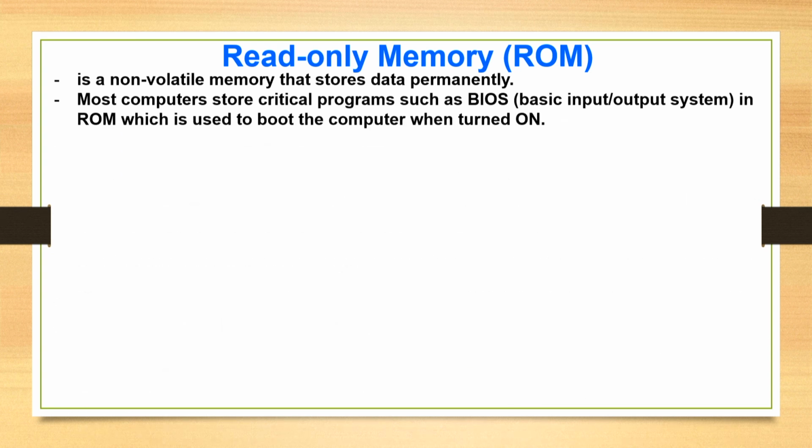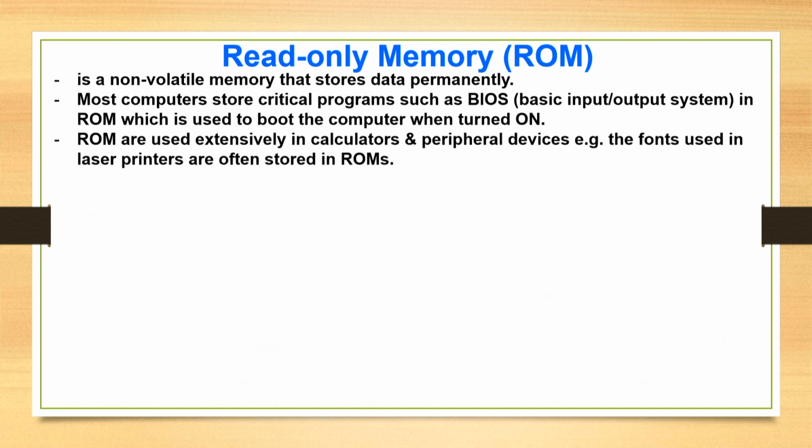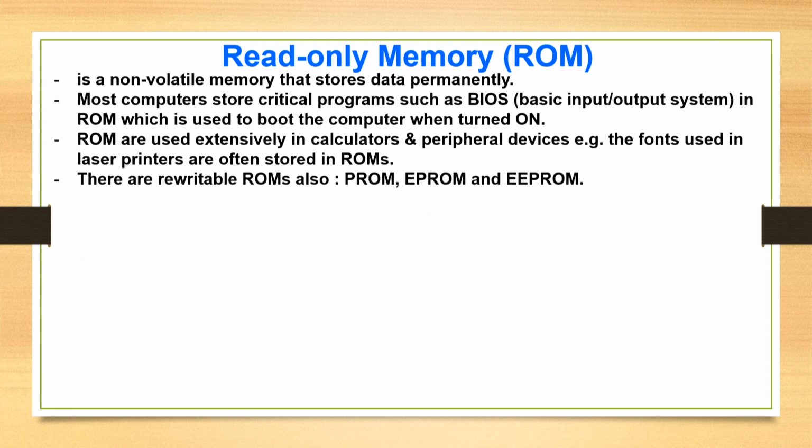Most computers store critical programs such as the BIOS, that is the basic input output system, in ROM, which is used to boot the computer when turned on. ROMs are used extensively in calculators and peripheral devices. For example, the fonts used in laser printers are often stored in ROMs.